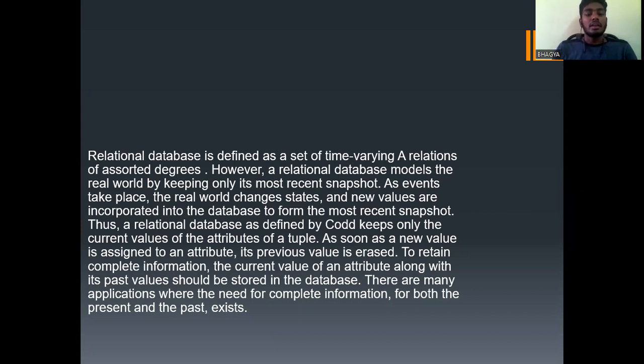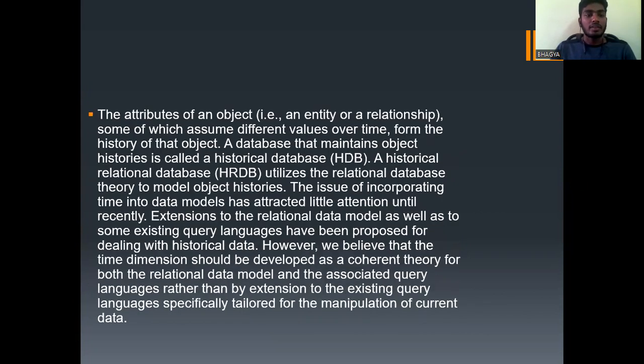To retain complete information, the current value of an attribute along with its past values should be stored in the database. There are many applications where the need for complete information for both the present and past exists. The attributes of an object, an entity, or a relation, some of which assume different values over time, form the history of that object.